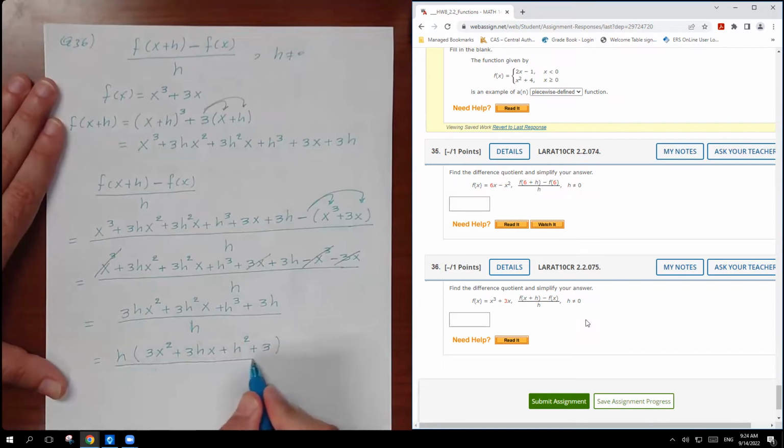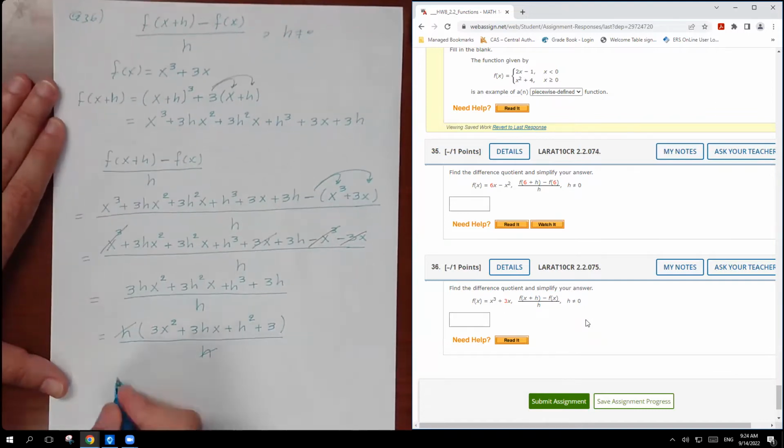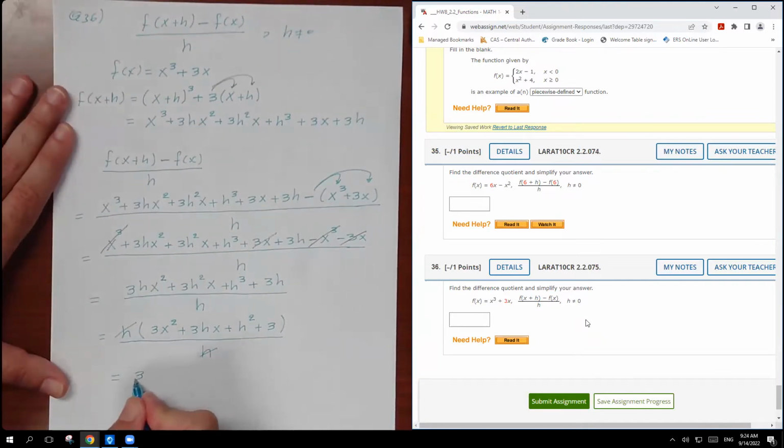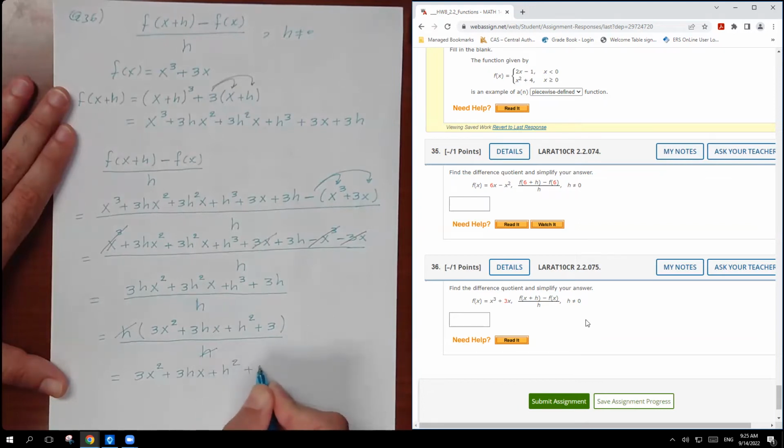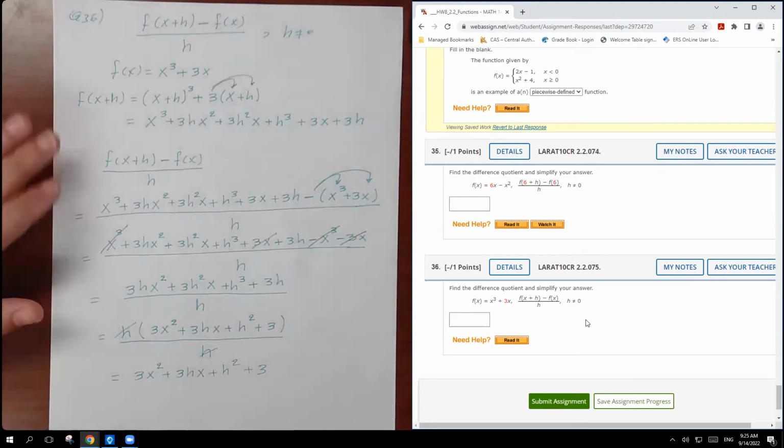And everything is going to be divided by h. Cancel this h with this one. And here's the result: 3x squared plus 3hx plus h squared plus 3. That's it for this example.